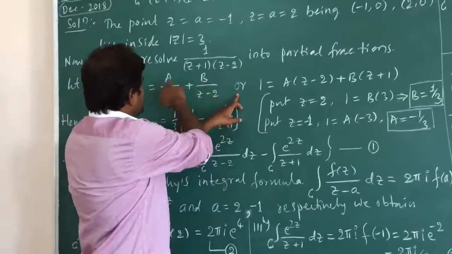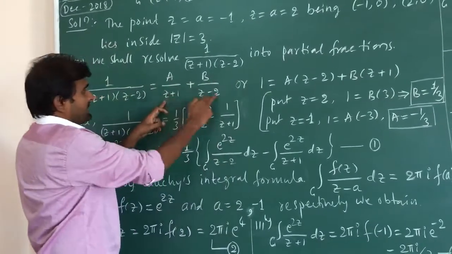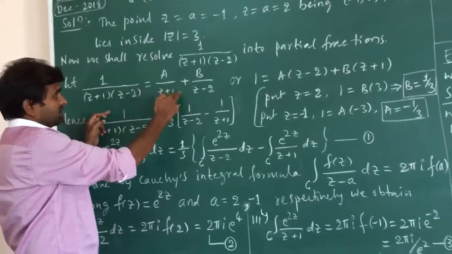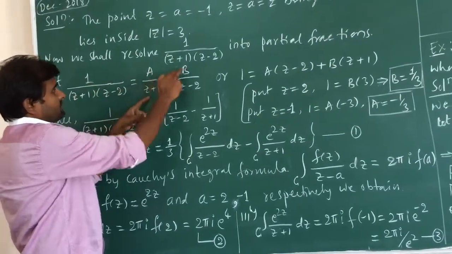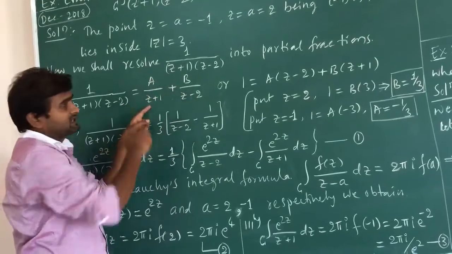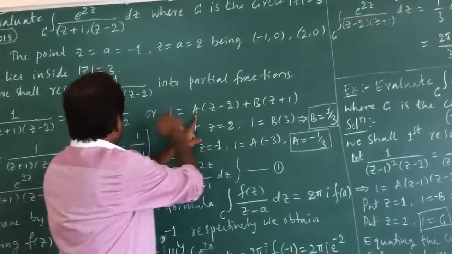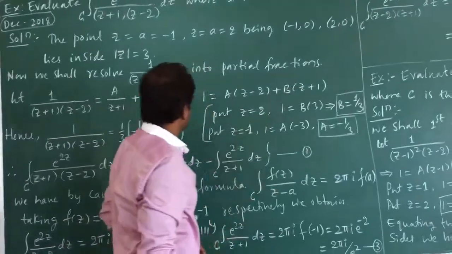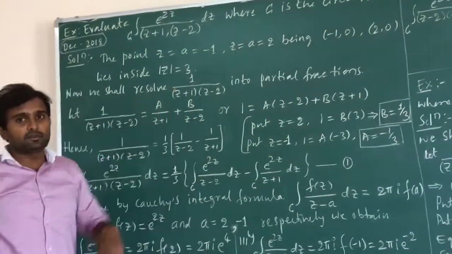If we simplify, the LCM is (z plus 1) into (z minus 2), so both get cancelled. Then 1 equals a into (z minus 2) plus b into (z plus 1). Now find the values of a and b.